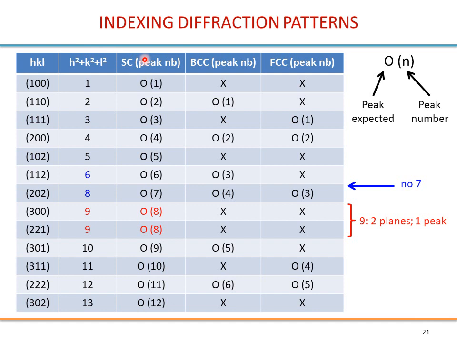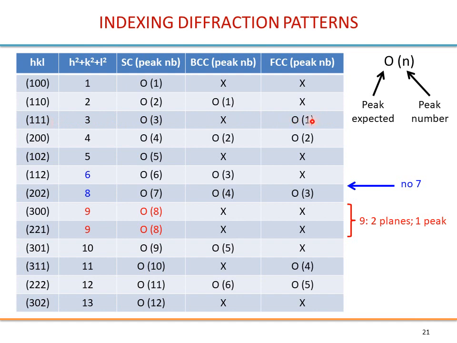For simple cubic you will have peaks for all the planes like this, but the number of peaks that you will observe is different because, of course, this will be the 8th peak, this will also be inside the 8th peak, and this will be the 9th, etc. For BCC, you have peaks only for this plane, etc. So this will be the first peak, the second, the third, fourth, etc. For FCC, your first peak will be this one.